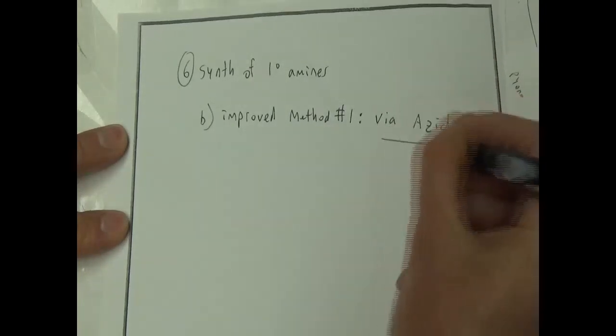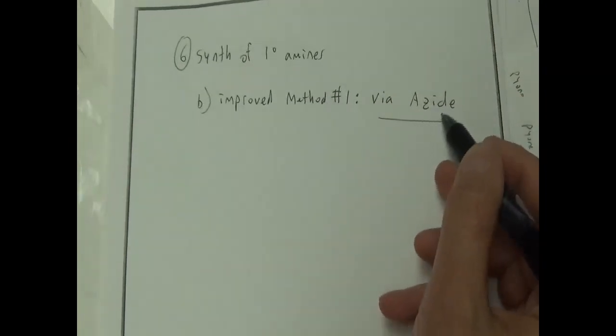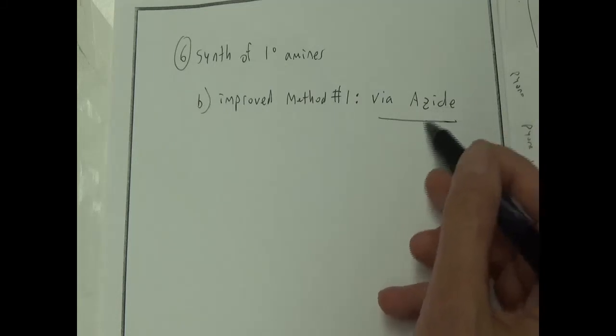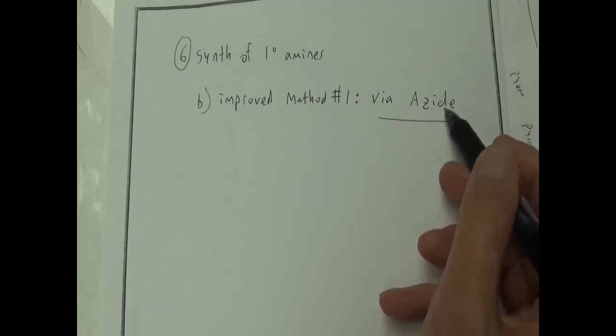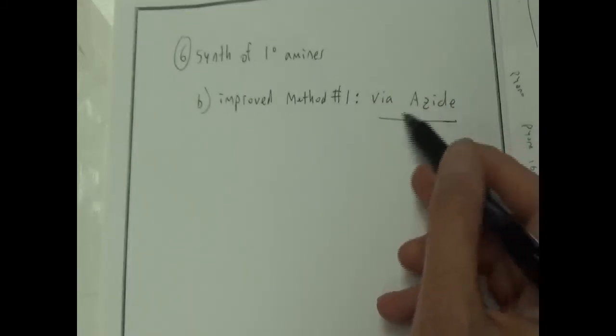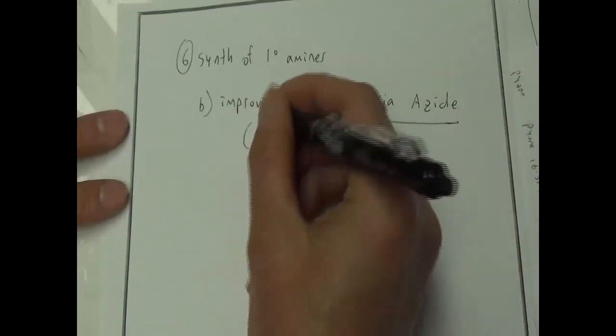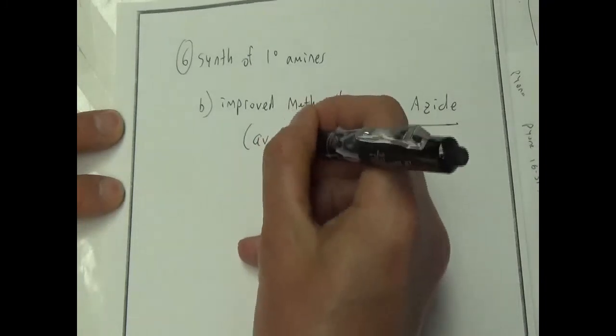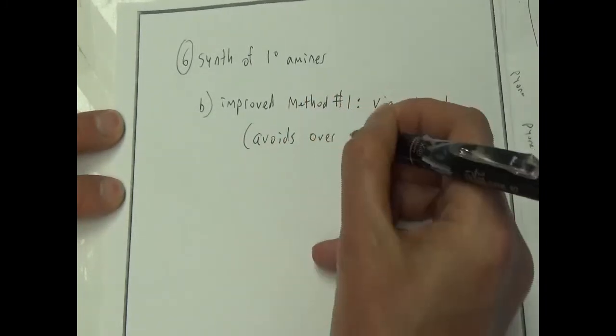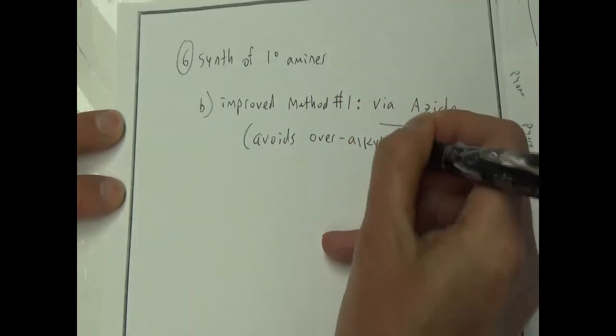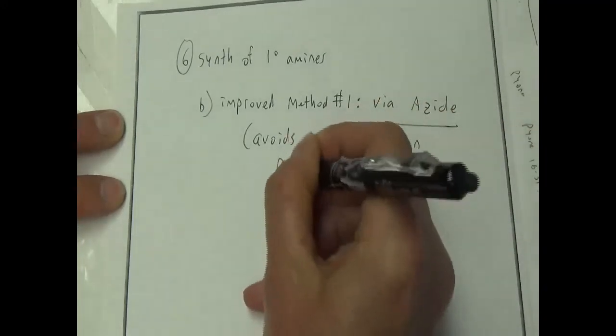And azide just means 3 nitrogens, right? Nitrogen, double bond nitrogen, double bond nitrogen is called azide. And this avoids the over-alkylation problem.